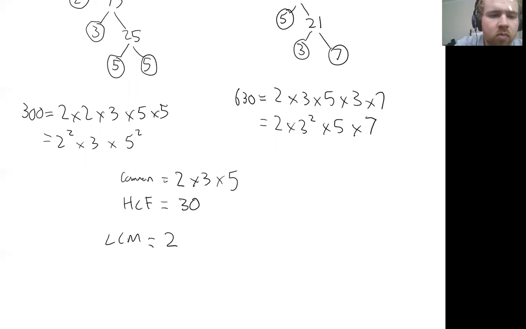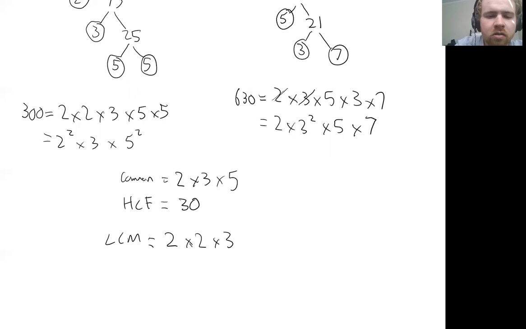Okay, and whenever we pick the 2, we can cross out the 2 on the other one. Okay, and then we've got to include another 2 because this one has another 2. Okay, I can include this 3 here. Whenever I include that 3, I can cross out a 3 over here.